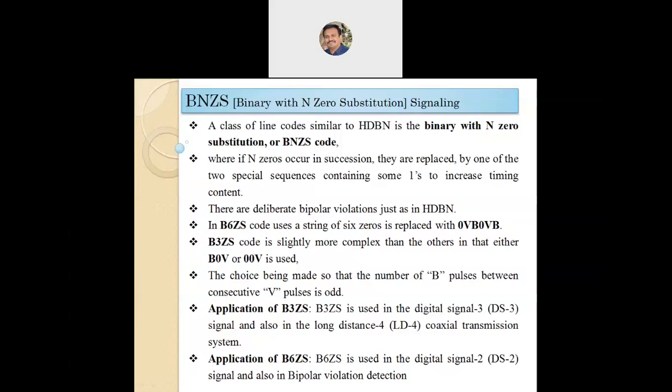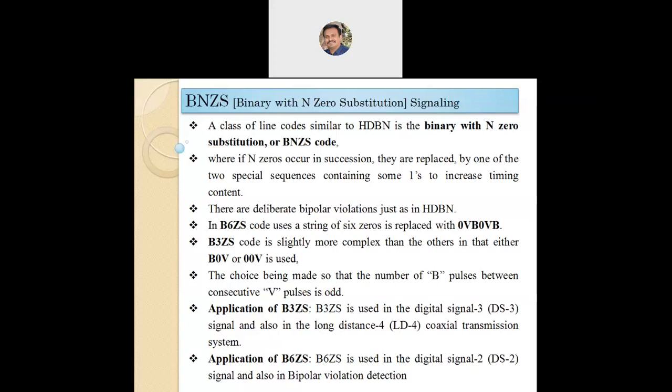In the previous section, in HDB3 where n is equal to 3, we substitute a special code for a group of 4 zeros.